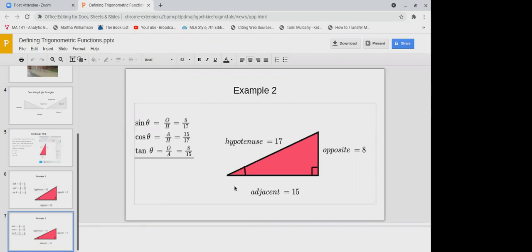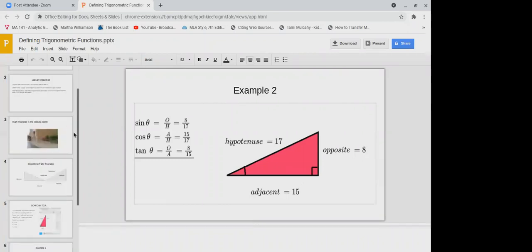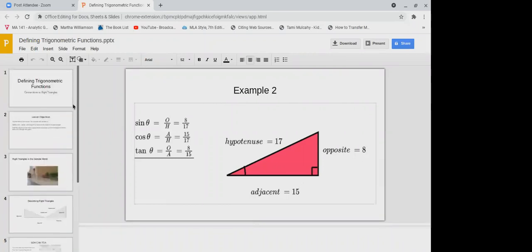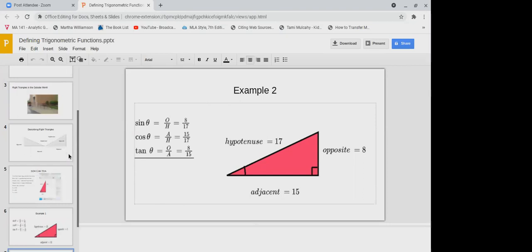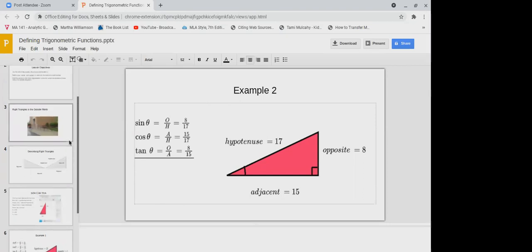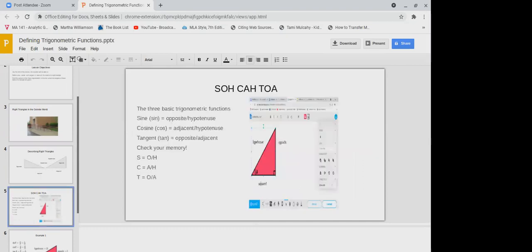And I hope that you've gotten something from this lesson, and by now you should be able to define the three trig functions that we talked about. Let me go back to the slide here. You should be able to find the sine of an angle, the cosine of an angle, and the tangent of an angle given three sides of a right triangle. Thank you very much, and have a good day.